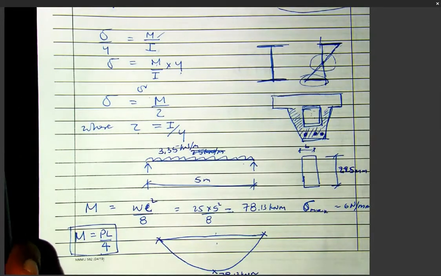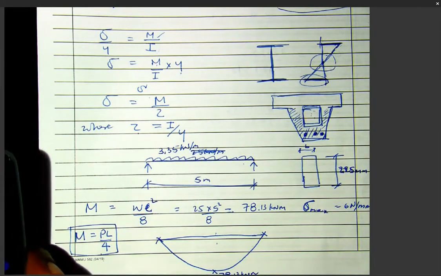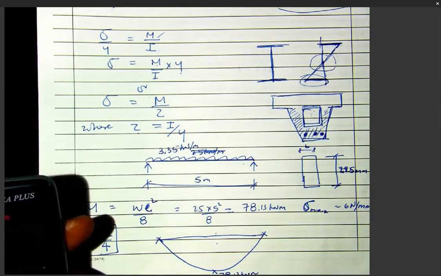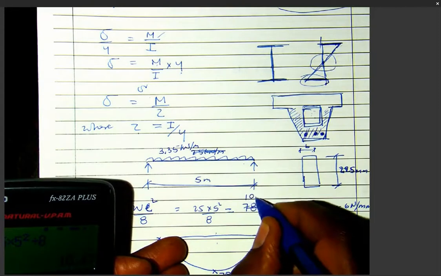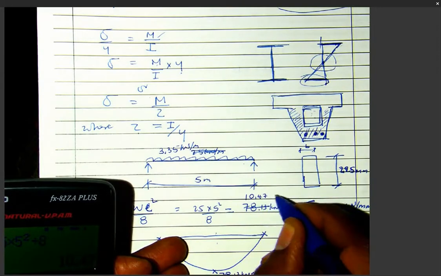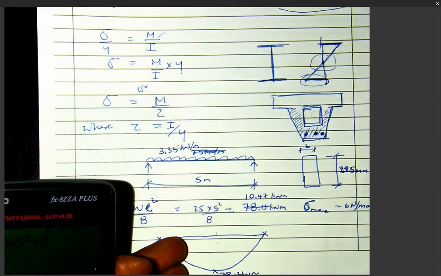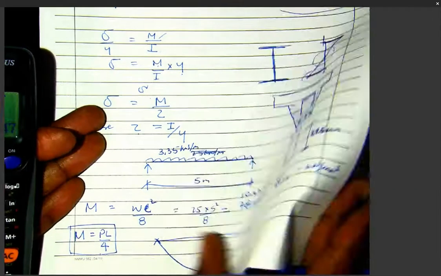So 3.35 times 5 squared divided by 8, WL squared over 8, gives me a moment of 10.47 kilonewton meters. Even that moment is high, but it's fine.